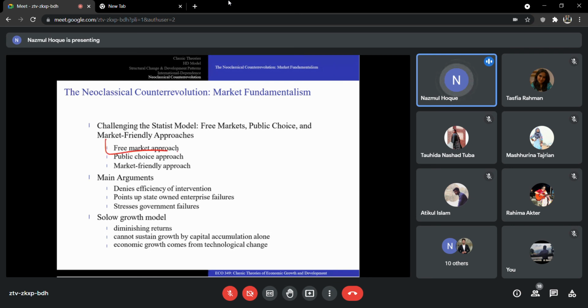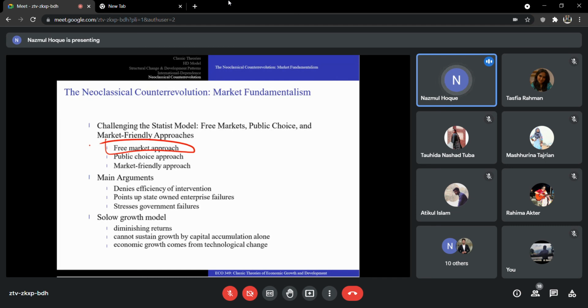So the free market approach is saying that government cannot do anything right. The market should determine; the market is the best place.